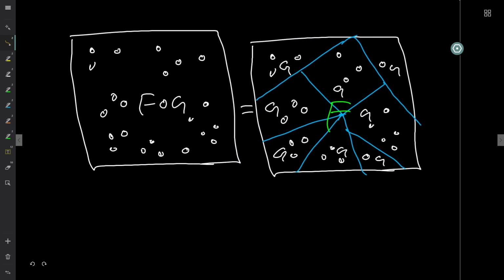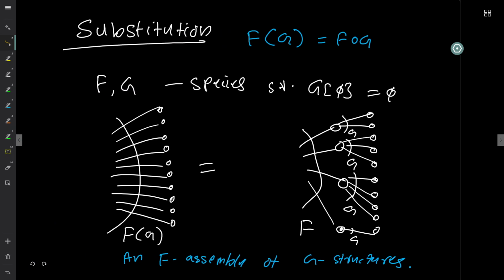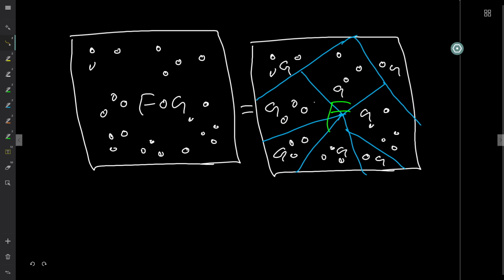Now it should be clear why we need G of the empty set to be empty, because if that is not the case, we should be able to partition the set U into any number of parts, because you can have empty sets as sets, and on each of the empty sets, if you can put a G structure, then you don't have a bound on the number of F composition G structures that you can make, because you can make as many G structures as you want using the empty set, and then once you have this, you can use that to make the F structure on this, and the set cardinality keeps on increasing, and therefore we don't want to allow that.